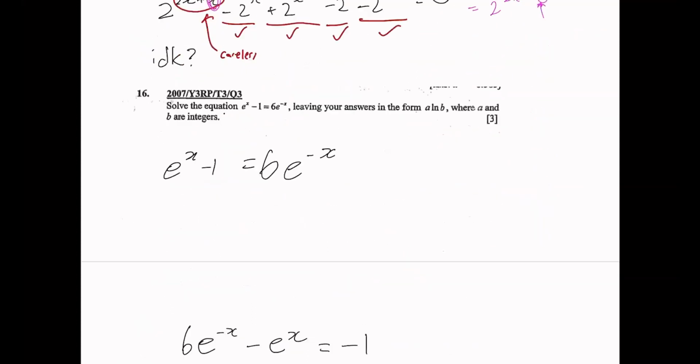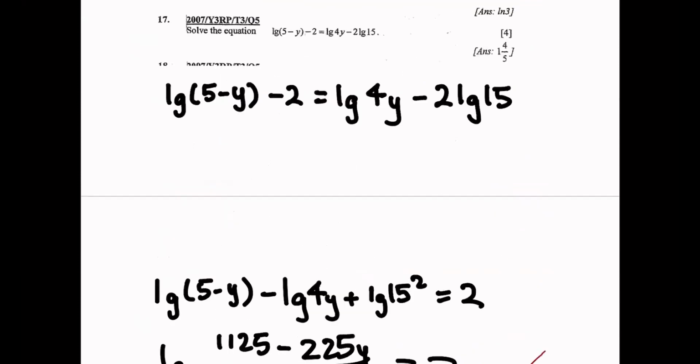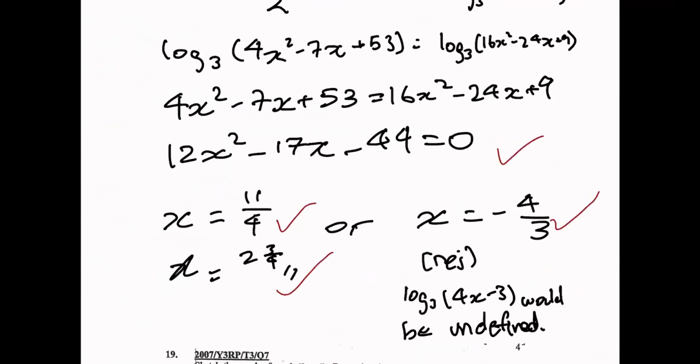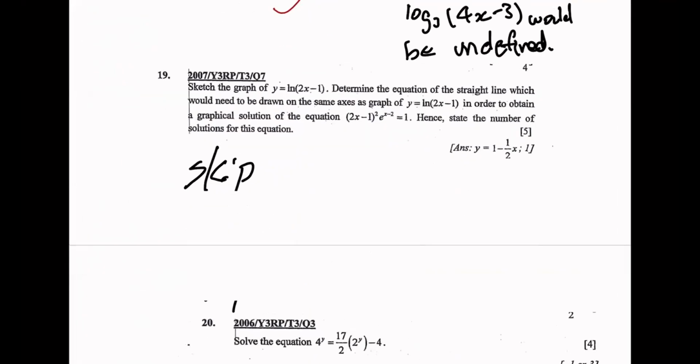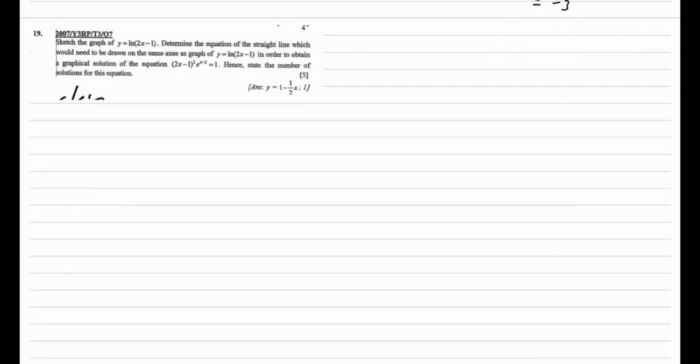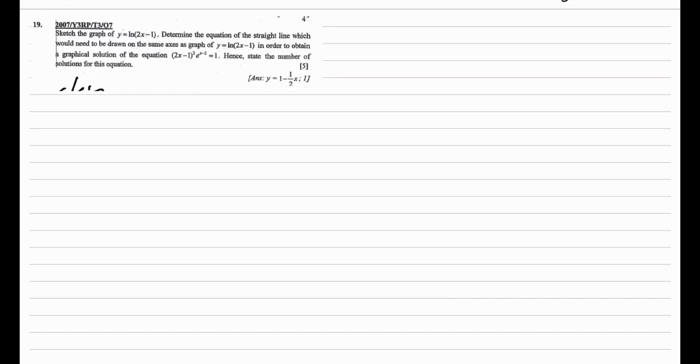19. Let's take a look at 19. What is 19? Oh, sketch the graph. Okay. Let me just copy this. Question 19. Paste it here. Then we can continue. Okay, sketch the graph of y equals ln(2x minus 1).